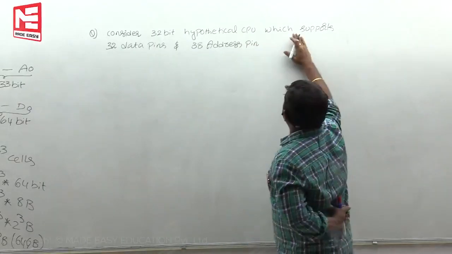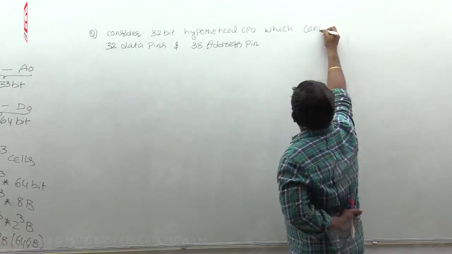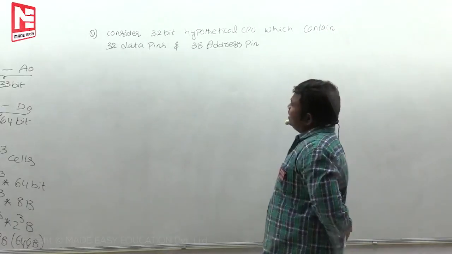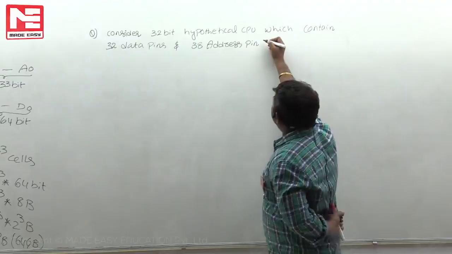Consider a 32-bit hypothetical CPU which contains 32 data pins and 38 address pins.